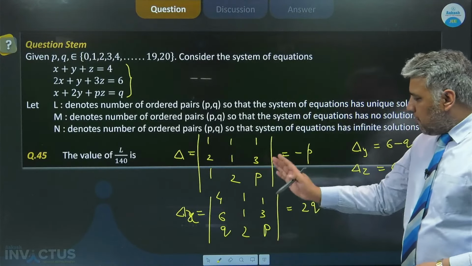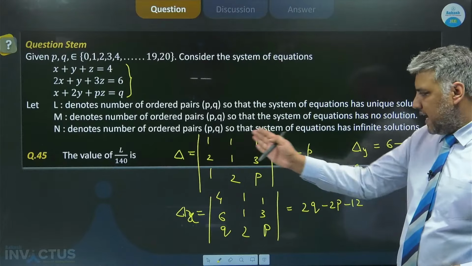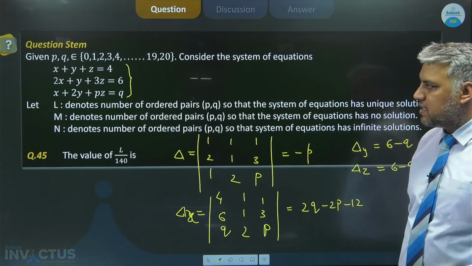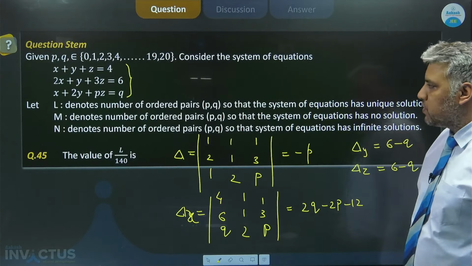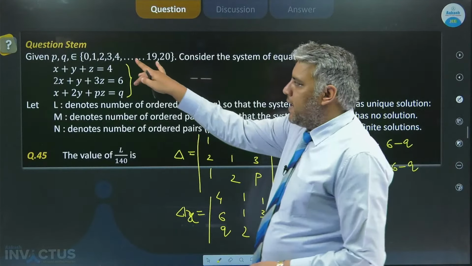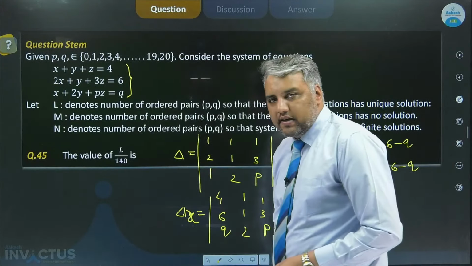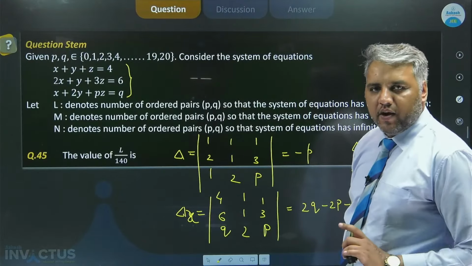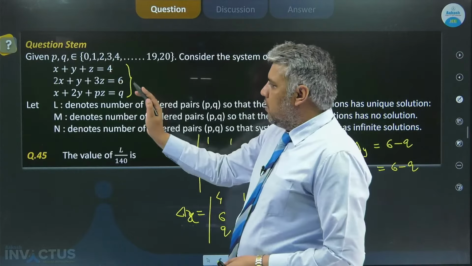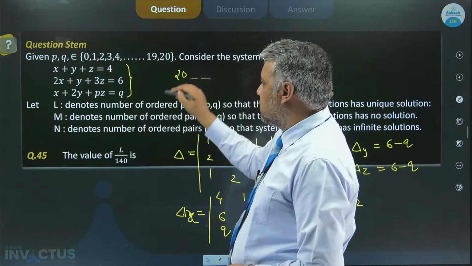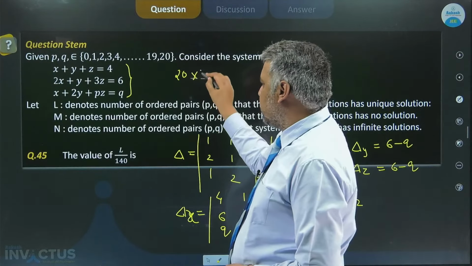Okay, now if p is non-zero, del is non-zero, so that means this system of equations will have a unique solution. So we have to select p and q from this set such that p is non-zero, q can be any quantity. So for non-zero p we have 20 options and for q we have 21 options.